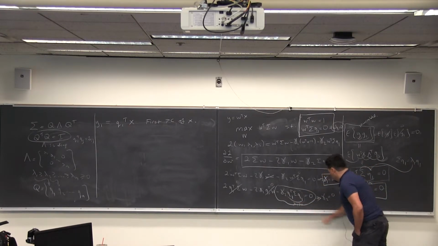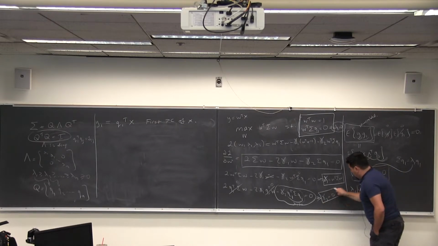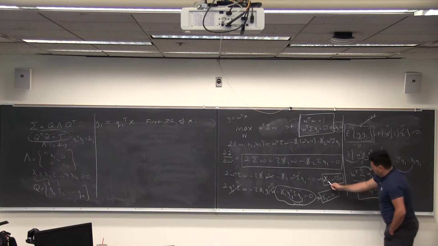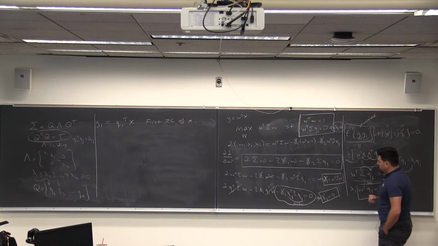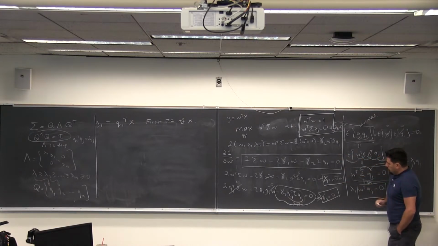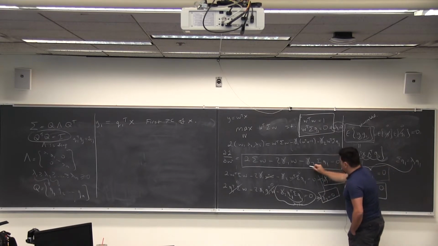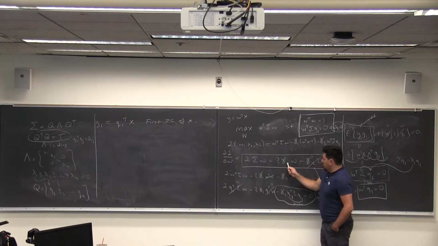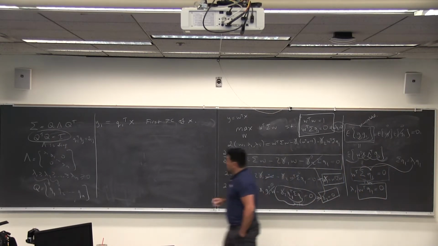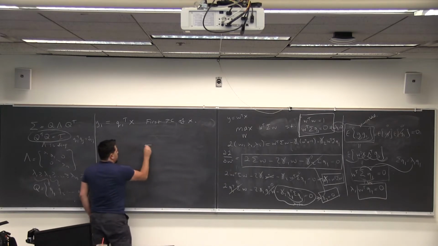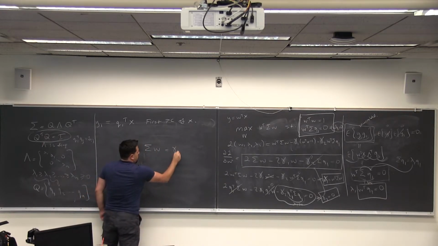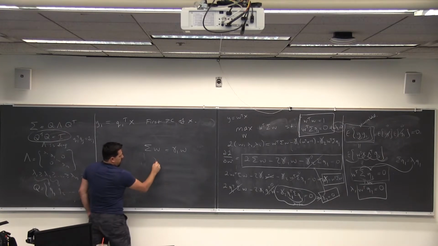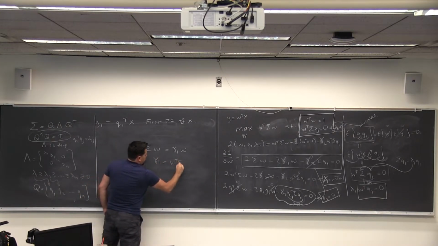Okay, so I have gamma 2 equals 0, gamma 1 equals W transpose sigma W, and I have this equality for W. So since gamma 2 equals 0, I can drop this. Again, we're down to sigma W equals gamma 1 W, right? So then sigma W equals gamma 1 W, and gamma 1 is W transpose sigma W.